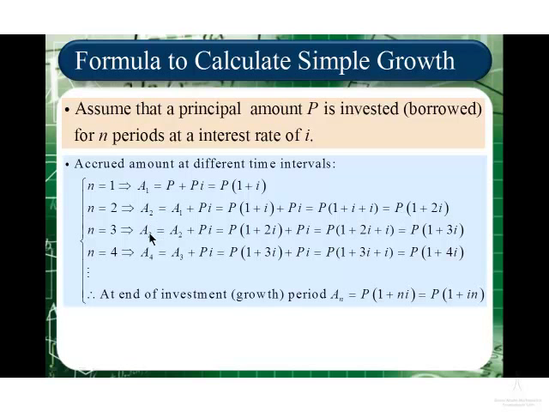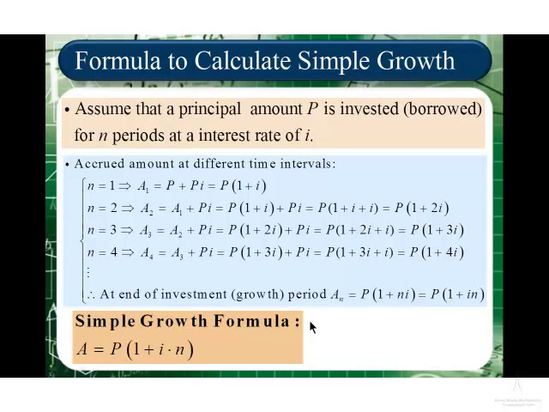And so we can continue and follow this argument through to where we finally, after n periods, will have that the final amount after n interest periods, where simple interest of course applies, will be P times, in brackets, 1 plus n times I. And that is the important formula to calculate simple growth.